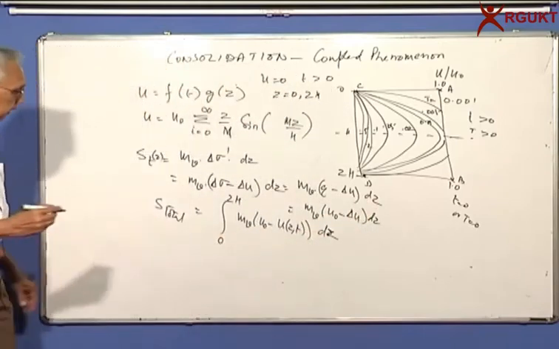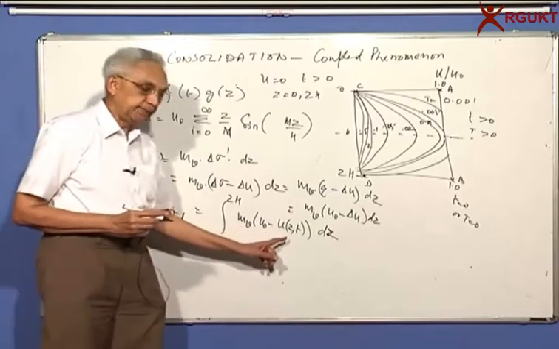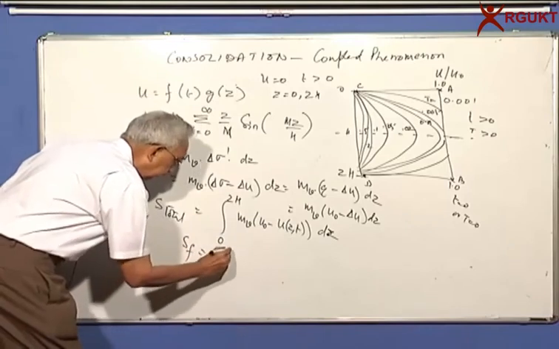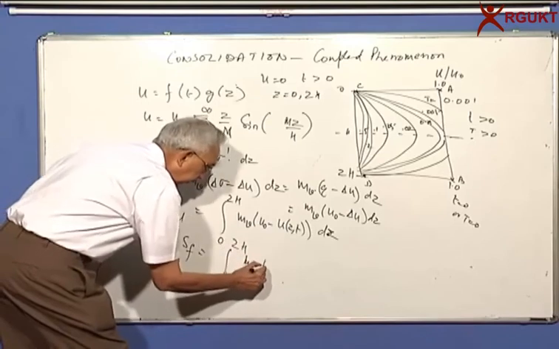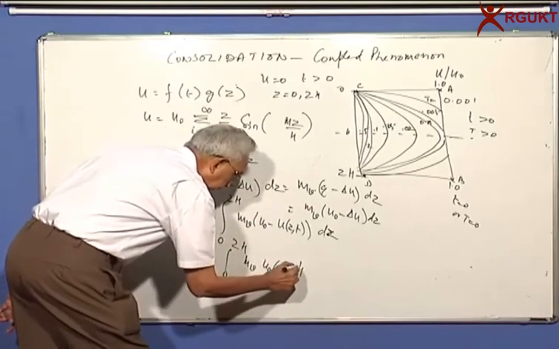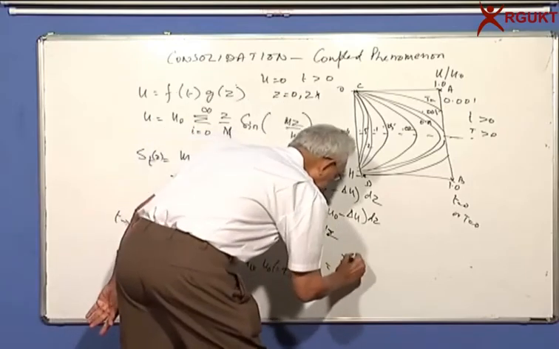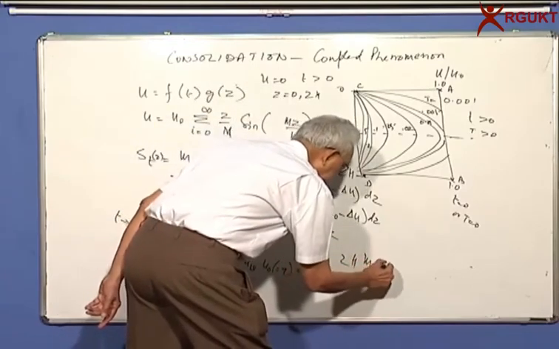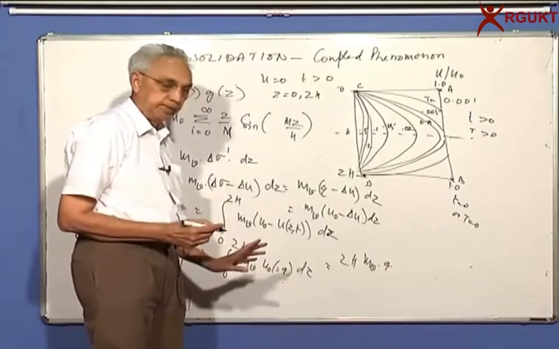The final settlement, at t tending to infinity, the pore pressure is 0. So I simply get S final is equal to the integral 0 to 2H of mv u naught, or you can say q, into dz, which works out to be 2H into mv into q, because u naught is constant. That's it: mv, q and 2H.